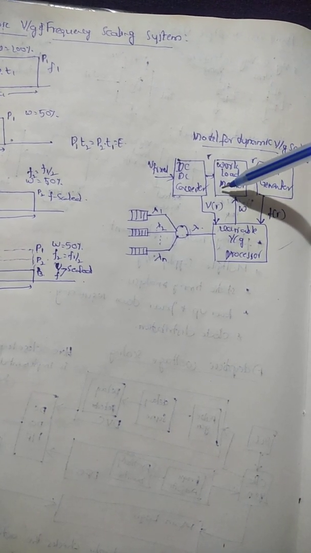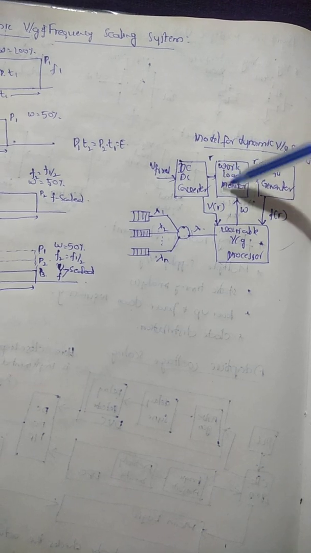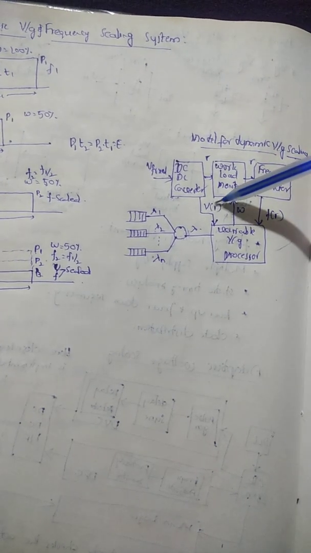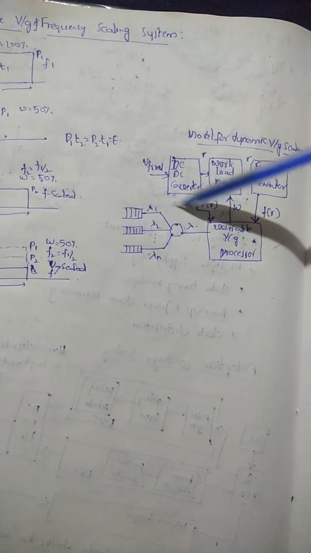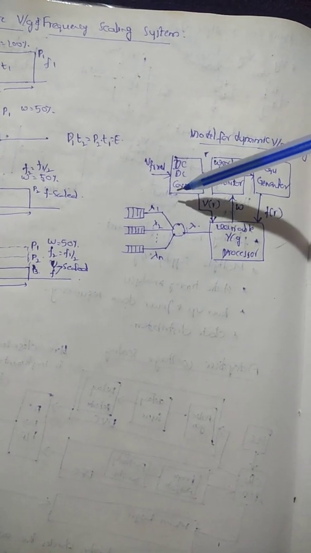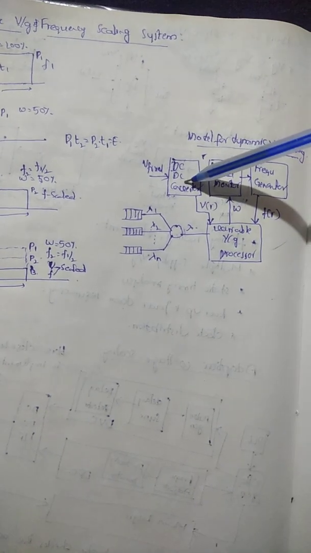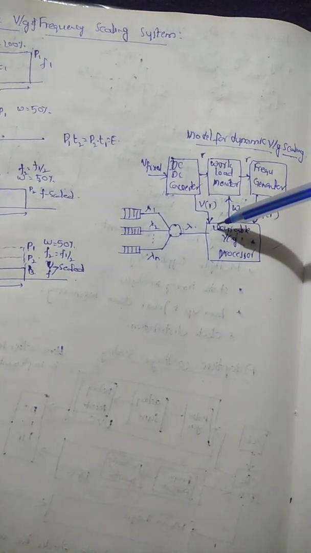So that means it will go for workload prediction. Based on this, it will send a signal to the DC converter, and based upon that, it will supply the voltage to do the operation.